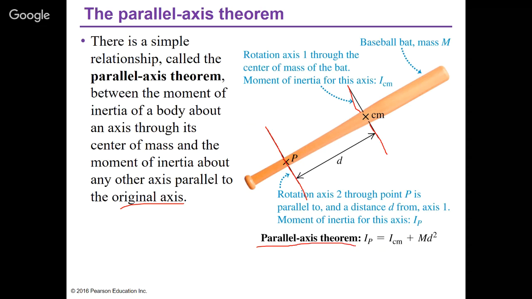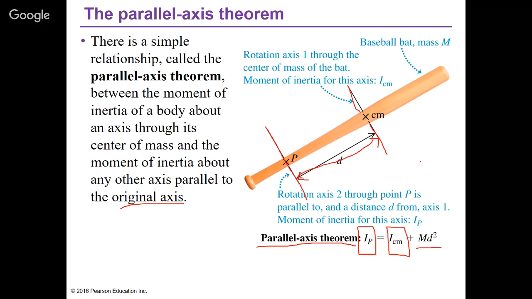So for the newly defined axis, the moment of inertia is equal to the moment of inertia about the original axis through the center of mass, plus the total mass of this object times d squared. D is the distance from the new axis to the original axis that passes through the center of mass.